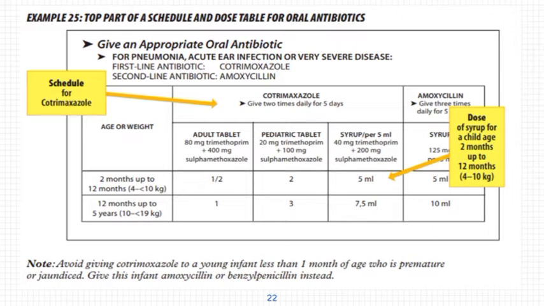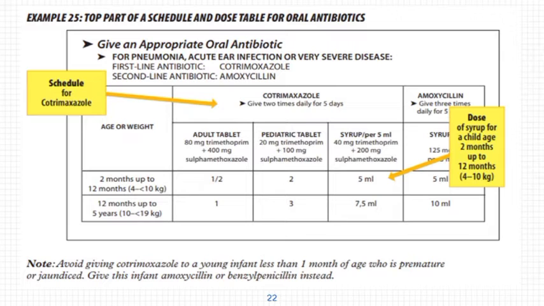Give this infant amoxicillin or benzylpenicillin instead. So you cannot give cotrimoxazole to a child less than 1 month of age who is premature or jaundiced. What you give is amoxicillin or benzylpenicillin.